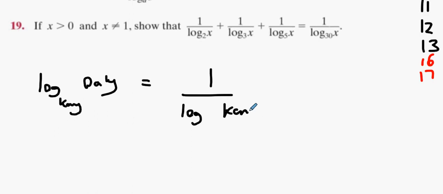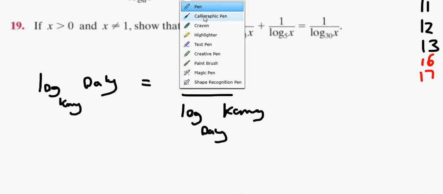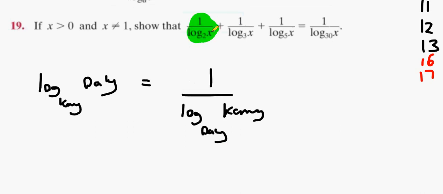Log b base a. Using that knowledge, here's what I want from you. I want us to do that rule on all three of these, the green parts. I want you to flip them back upside down again, and it should work out nicely. Give it a go. And you need to flip the other side as well. Okay? Give it a go, using that rule there.